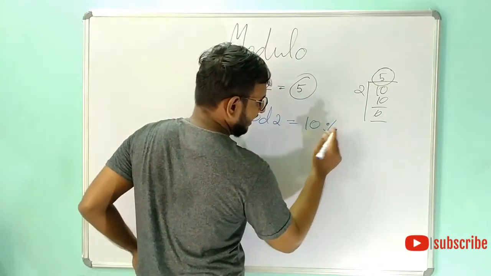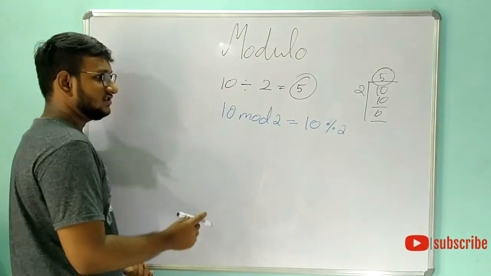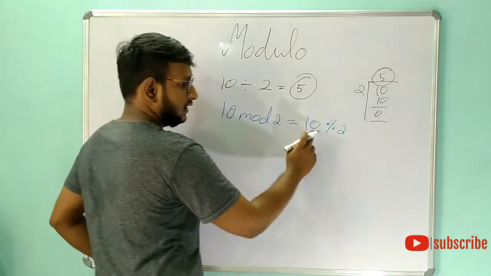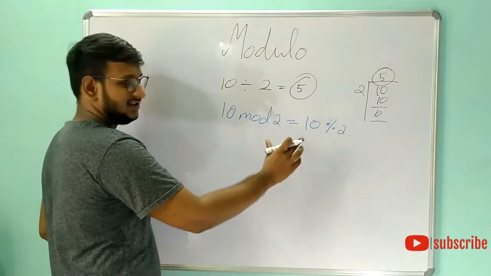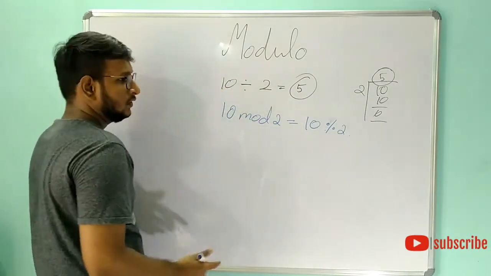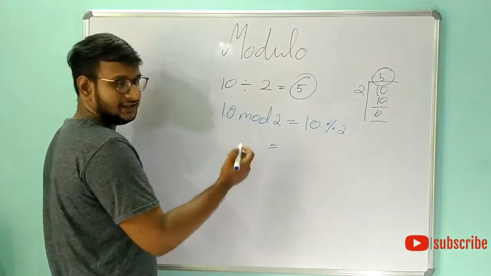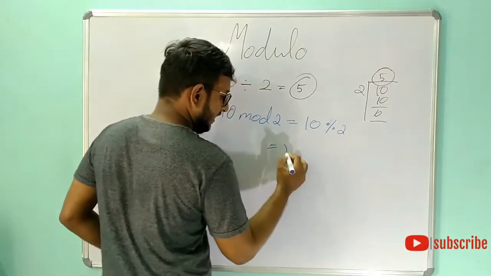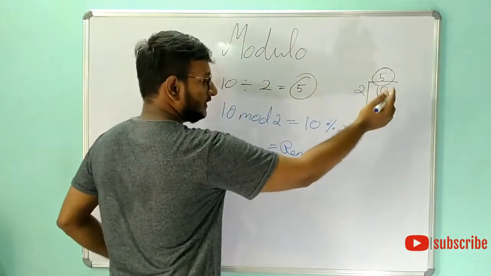In programming languages, modulo is represented like this: 10, the percentage symbol, then 2. So this is also nothing but 10 mod 2. What is the value of that? The value of this is nothing but the remainder when we divide 10 by 2.